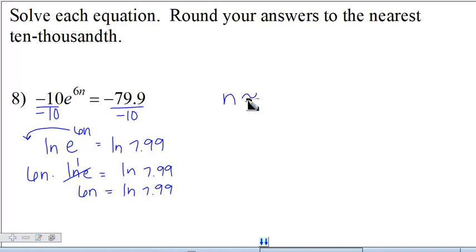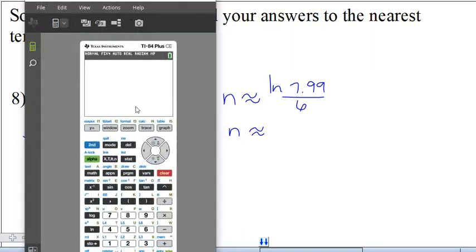And I'll use my calculator to help me with this. ln 7.99 divided by 6 is equal to 0.3464.